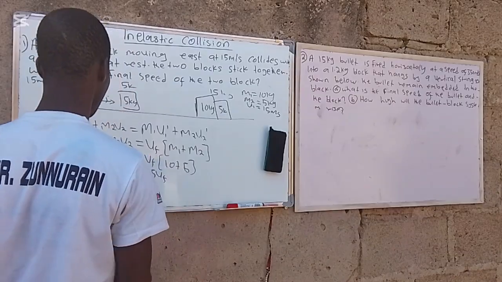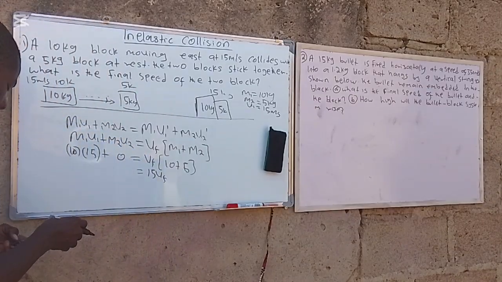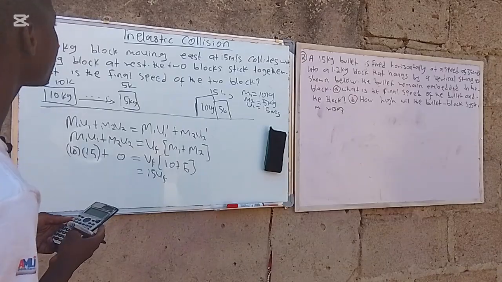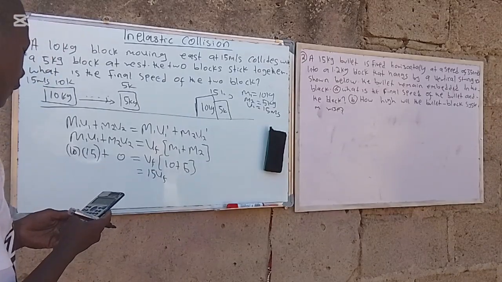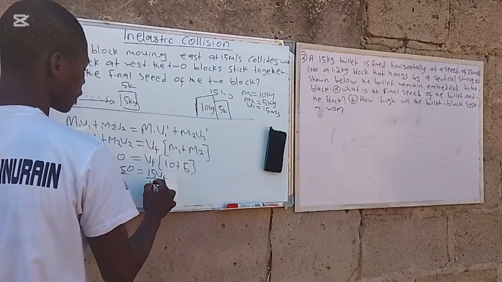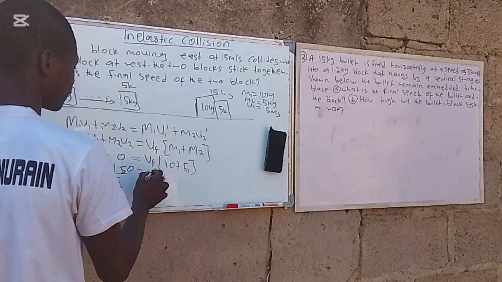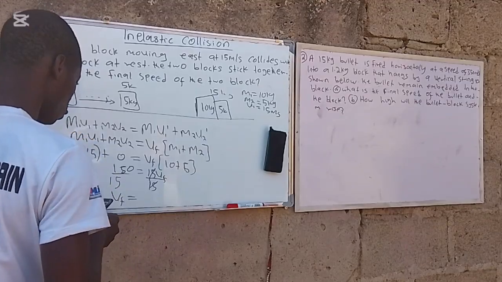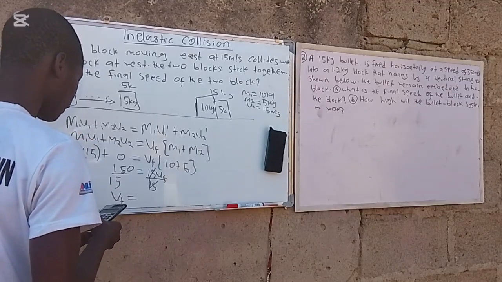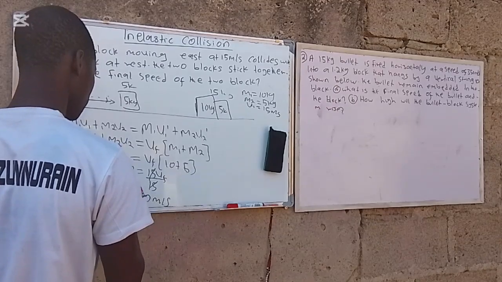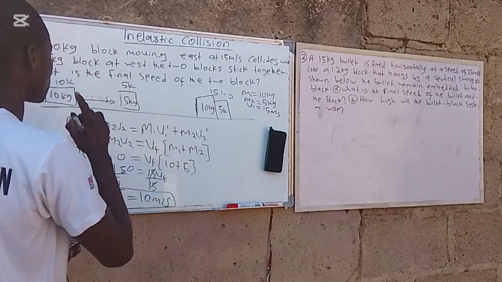So this is 15 times v final. 10 multiplied by 15 gives me 150. I divide both sides by 15, so 15 cancels 15, and v final equals 150 divided by 15, which is 10 meters per second.